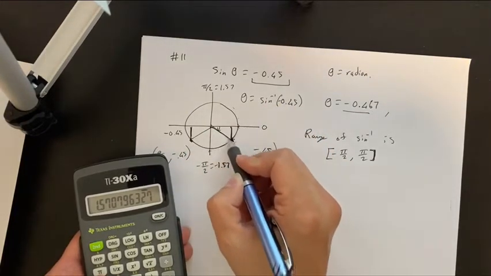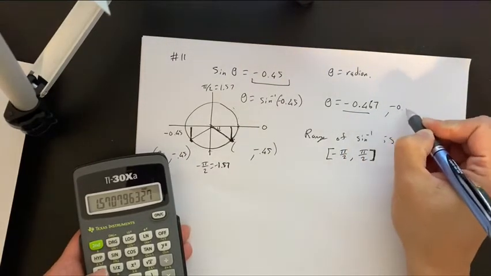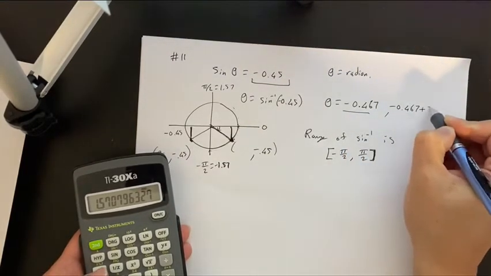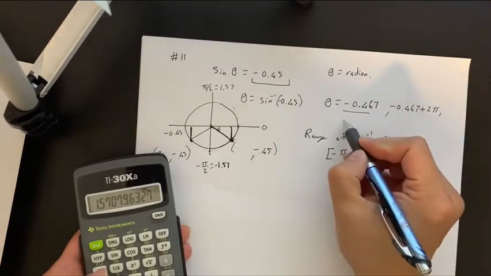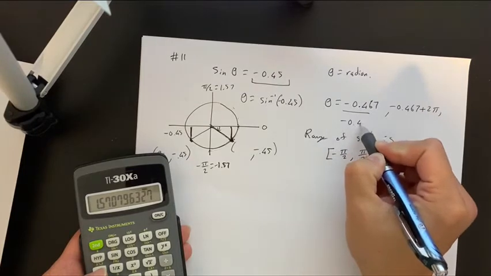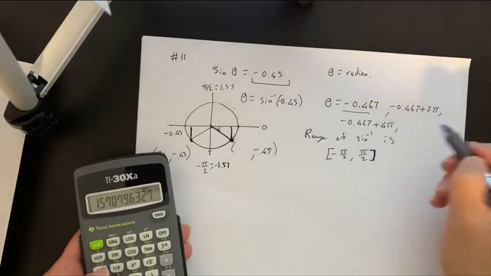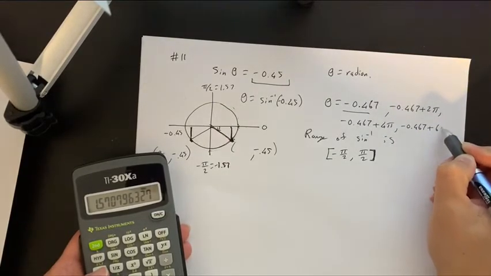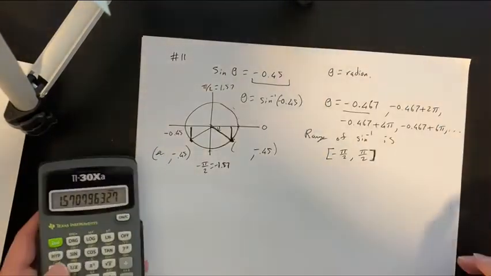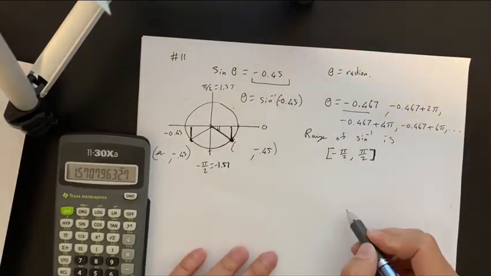But you do not change position. So another answer would be this value plus 2 pi, or that same value plus 4 pi, plus 6 pi would be another answer, and so on. All of this would just generate that first position.